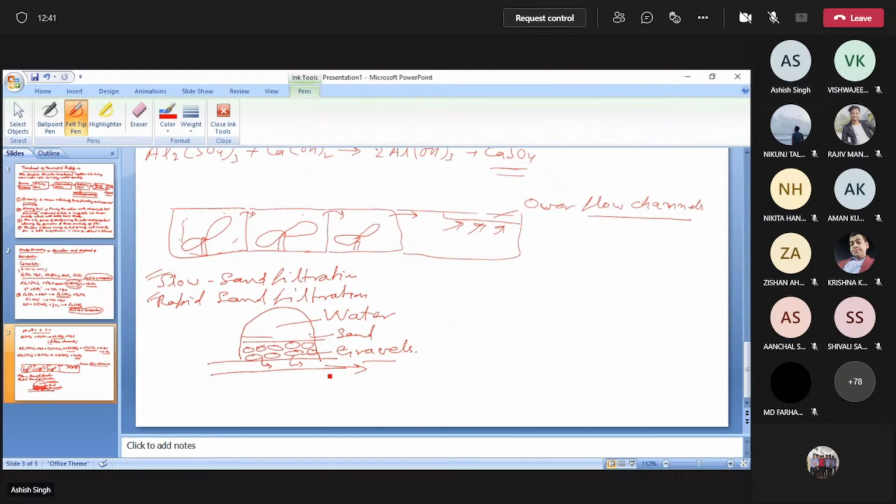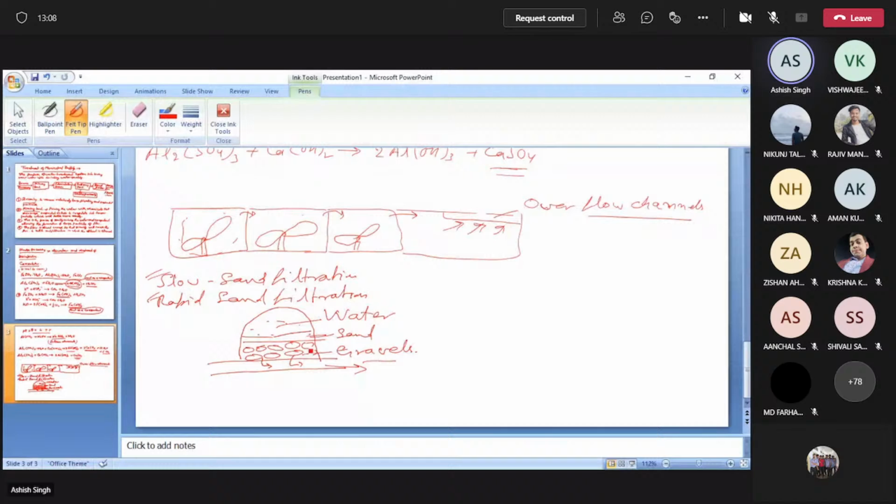These are porous because these are gravels. The size increases toward the bottom and the smaller size is in the upper part. Then there are the small particles, that is the sand, and above this there is the water filling. So this is the slow sand filtration.